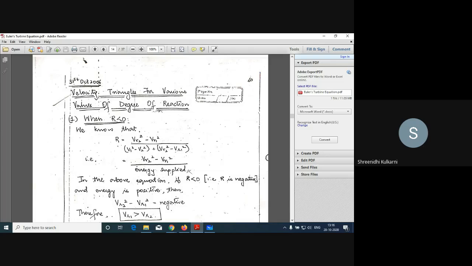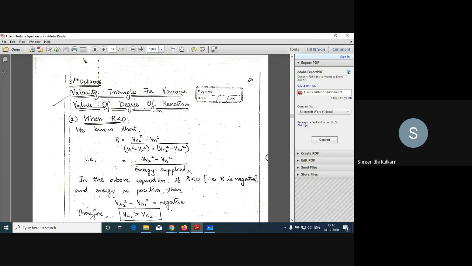What is this? Always we consider it is the energy supplied. So VR2 square minus VR1 square divided by the energy supplied.